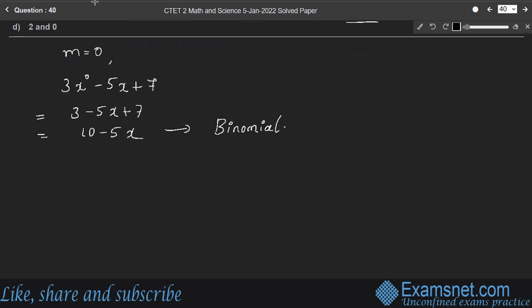If m is equal to 1, then the given expression becomes 3x to the power of 1 minus 5x plus 7. So it becomes 3x minus 5x is minus 2x plus 7, again a binomial.